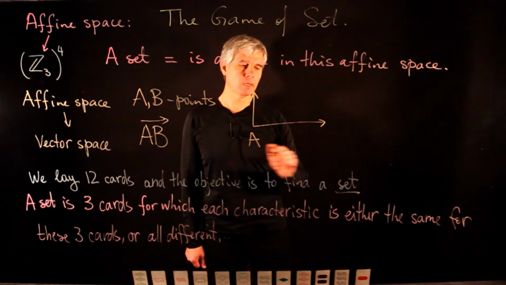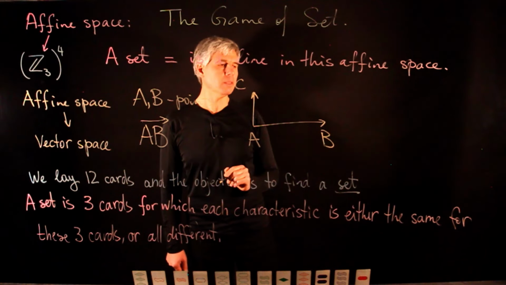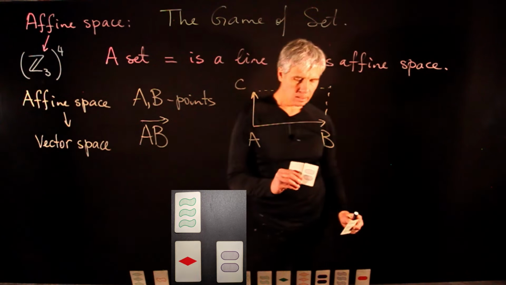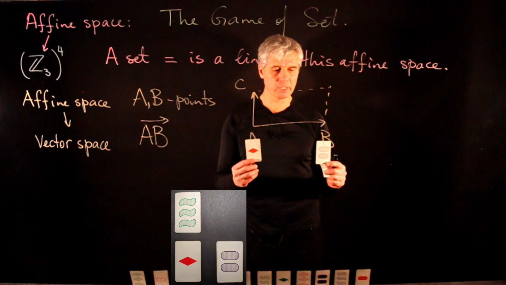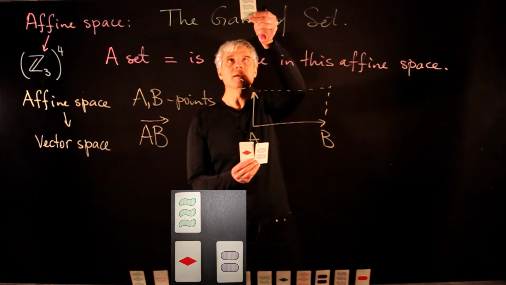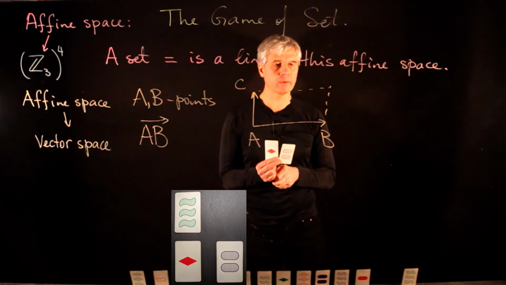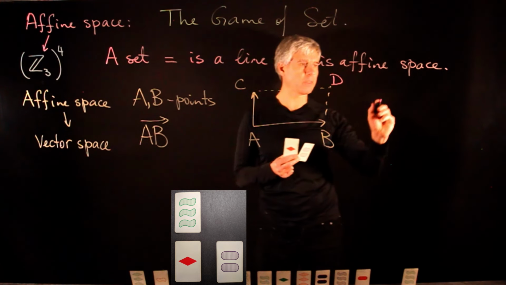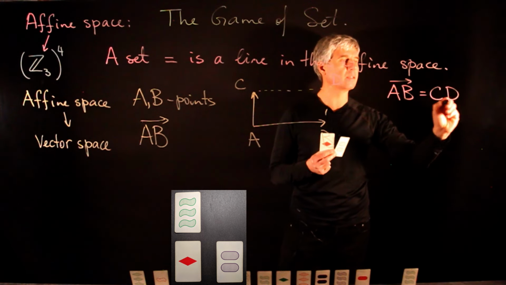This also defines for us addition of vectors. If I have two vectors with the same origin, then I can define their sum. Now, suppose I take these two cards as my points A and B, and this card as a point C. Then I want to find a point D such that the vector AB is equal to the vector CD.